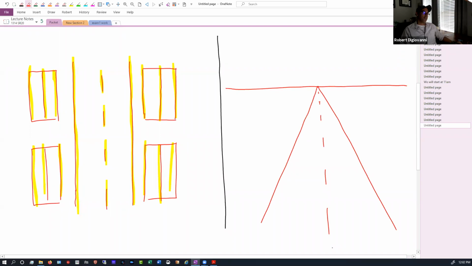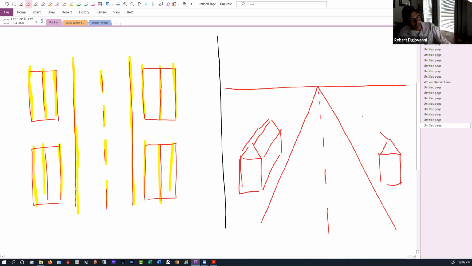Do you see it? Okay. Here's my building. Here's my other building. I'm not going to draw any more buildings. I think you get the point.